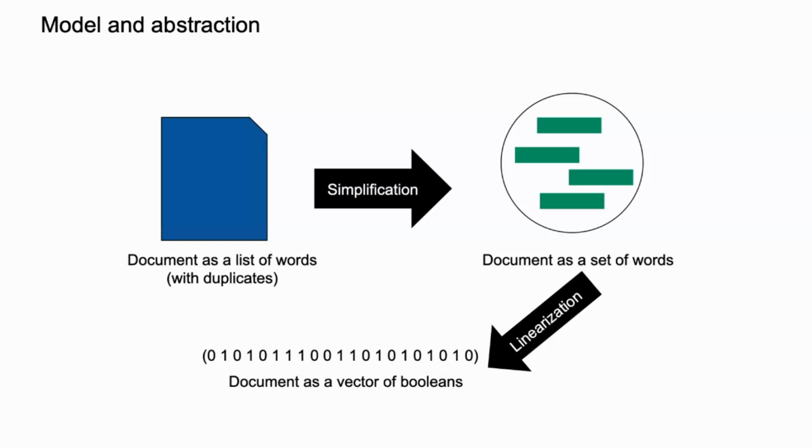So the model that we took is that instead of looking at the document as a list of words, like we all normally do when we read a book, we look at it as a set of words. That means we forgot the order in which the words are, and we forgot also the number of times that the words appear in the document. So that gives us a representation of the documents as a vector of Booleans.